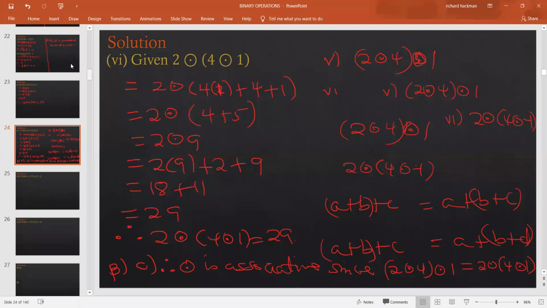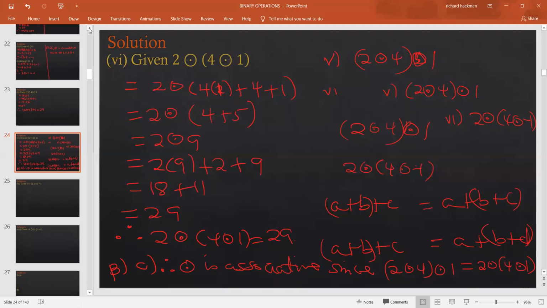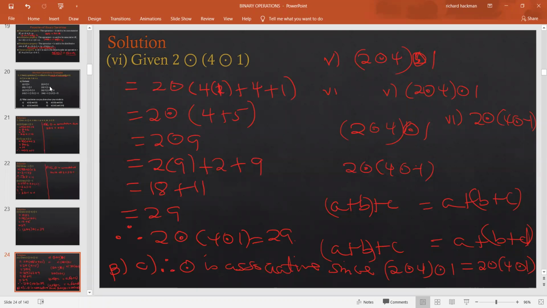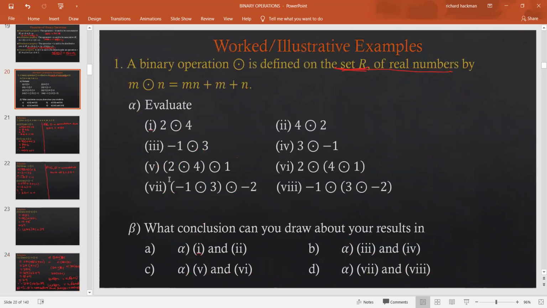But if you look at what we have in V and VI, if you go to the question itself, you see that in V, let's look at the elements, 3 elements, 2, 4, 1. In VI, 2, 4, 1. Immediately you have 3 elements. You are comparing 2 results with 3 elements. Commutativity is out. I've told you that. So the only way out will either be associativity or distributivity.